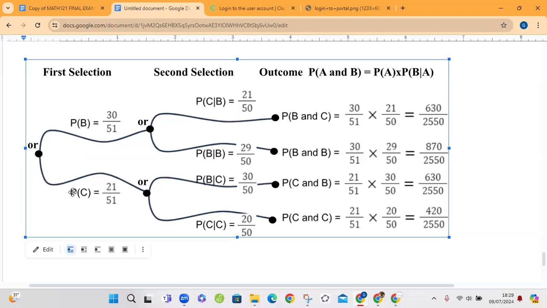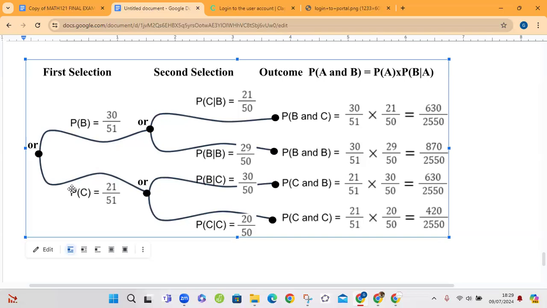Now, the probability of a cherry would be 21 over 51, because in a first selection, there are 21 cherries out of a total of 51. So again, in a first selection, she can either select a berry or a cherry, probability 30 over 51, 21 over 51 respectively.